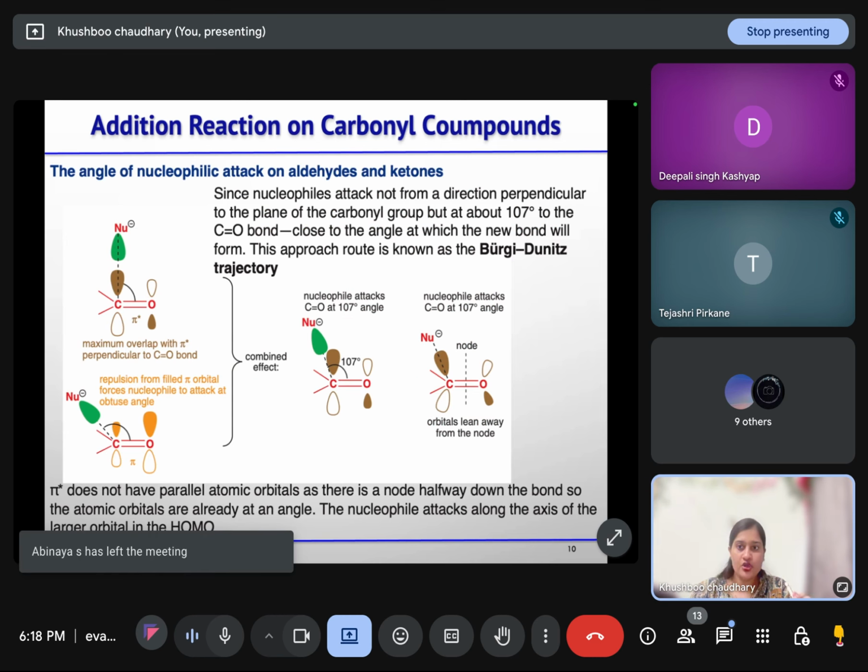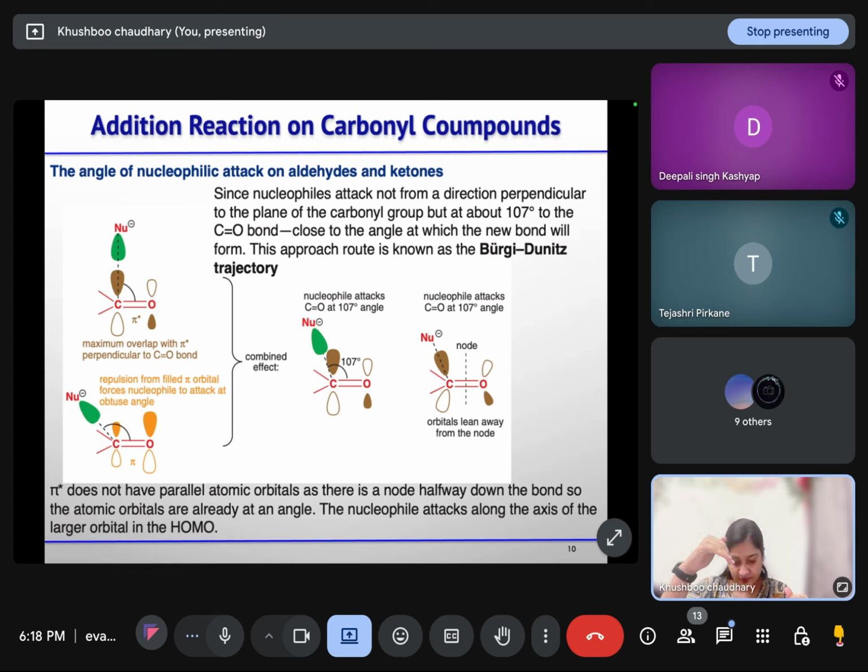Now, when your nucleophile is approaching aldehyde and ketone, it will not come perpendicular. It will come at a 107 degree angle, and this approach is given by the Burgi-Dunitz trajectory, which we will follow. Now, when the nucleophile is approaching at an angle, the pi star orbital does not have parallel atomic orbitals. And why is it so?